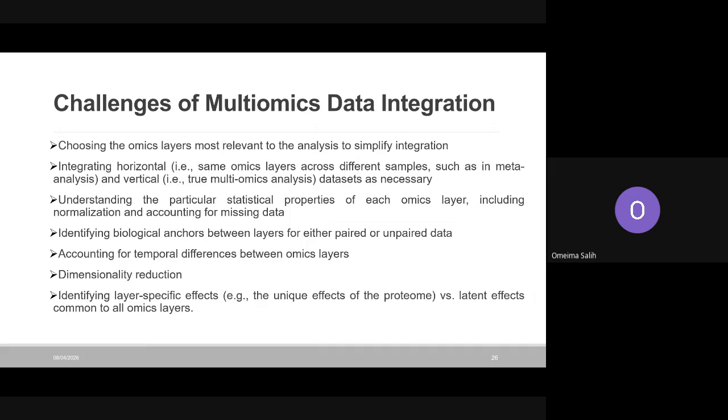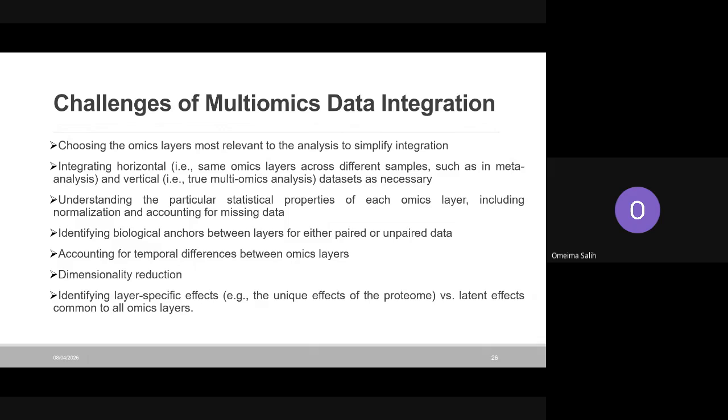You need to know what are the dimensions or the factors that affect this protein within this cell, because otherwise within different cells you might get different data sets, which is why there is a wide difference between them. And that's what we need to reduce. That's what we call the dimensionality reduction.